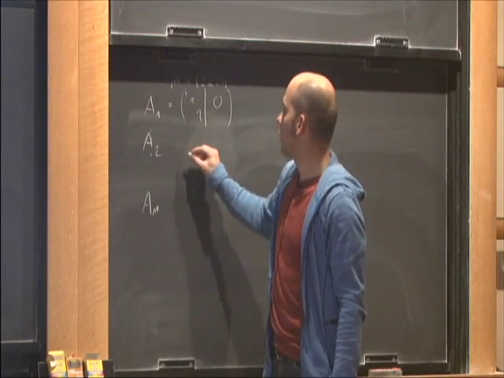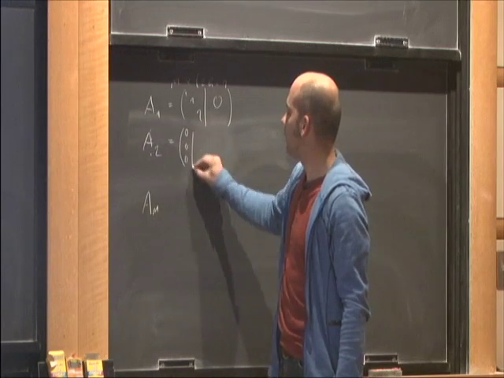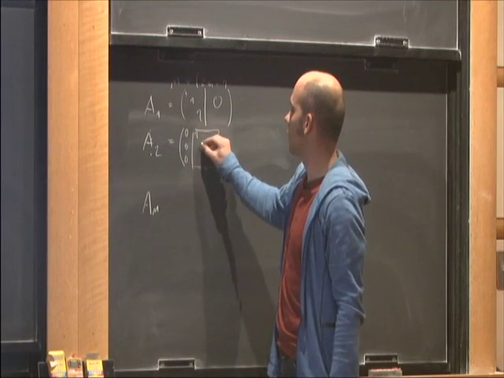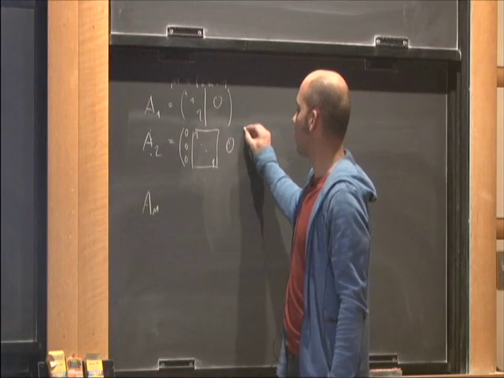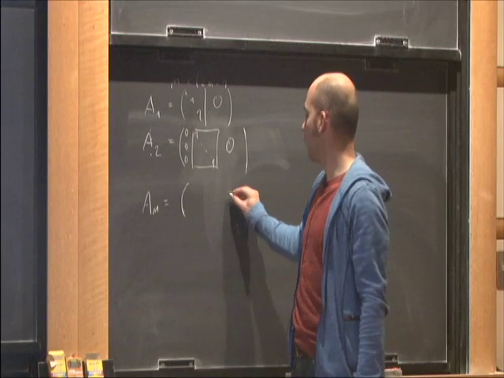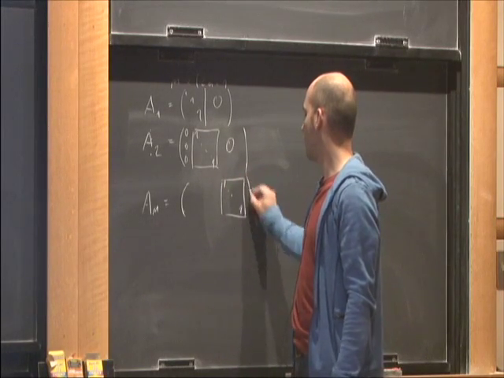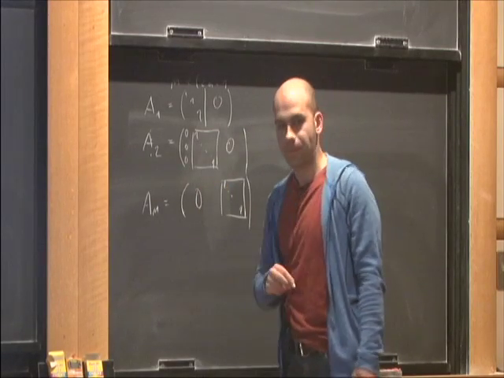A2 is a matrix which has zeros in the first column and the identity matrix next to it, and zeros elsewhere, etc. So the matrix An will have the identity matrix at the end and zeros elsewhere.